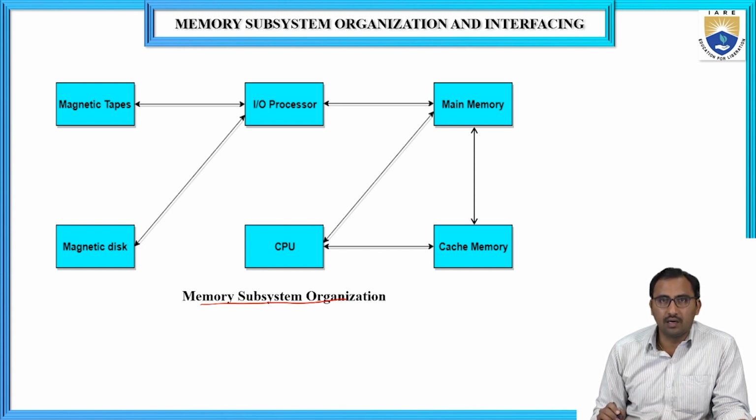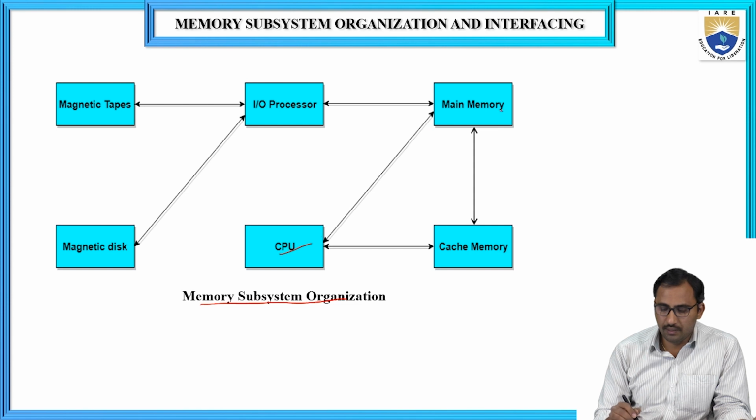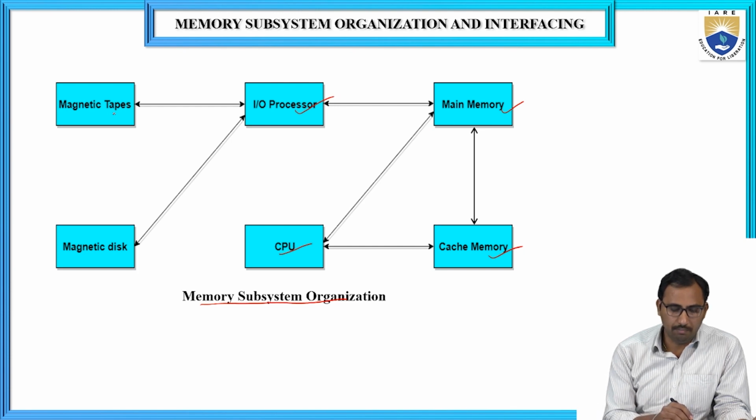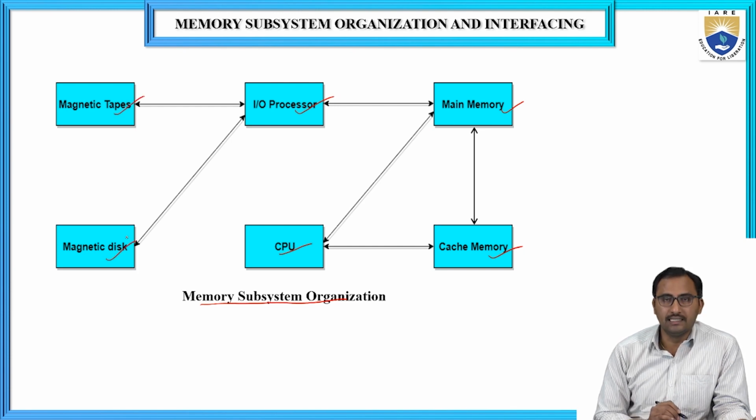In the memory subsystem organization, we can see different types of memory devices: CPU, main memory, cache memory, I/O processor, magnetic tapes and magnetic disks.